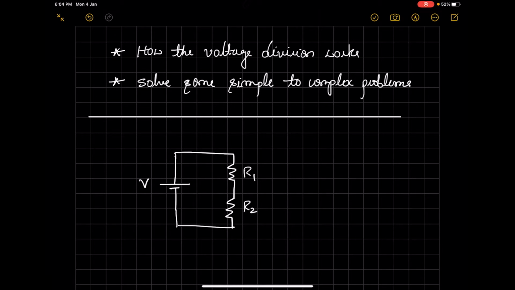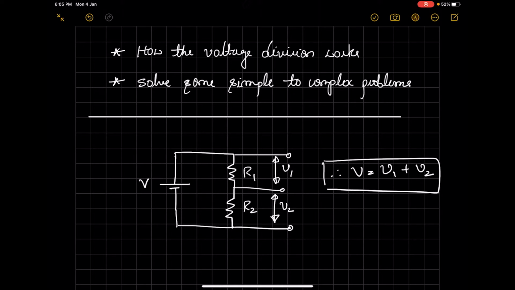So let the voltage across R1 be called V1 and voltage across R2 be called V2. Therefore, the total applied voltage V is nothing but the sum of the voltage across R1 plus the voltage across R2.